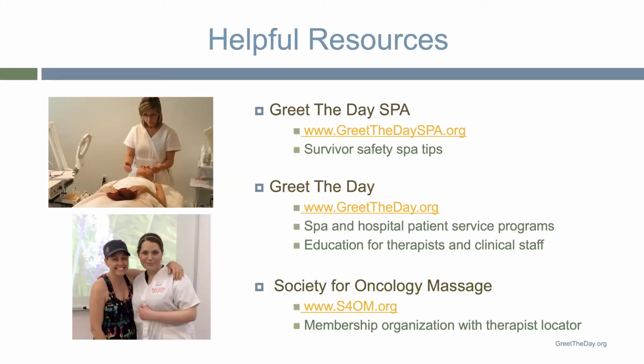For estheticians, I say go on to Society for Oncology Massage, check out massage therapists that are in your area, and maybe you can do some promotions together, or maybe that person's willing to sit down and talk to you about their experiences working with this oncology population, the pros, the cons, everything that comes along with it.